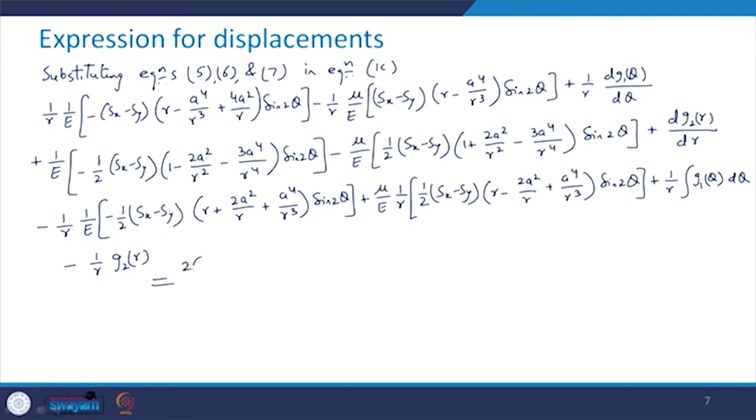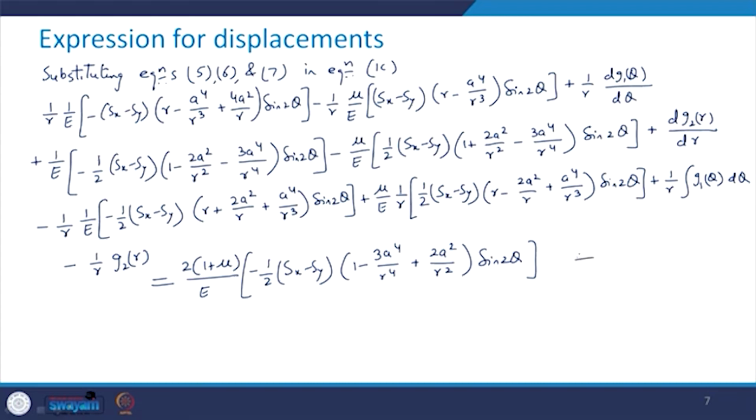So, what was that? That was 2 into 1 plus mu upon e into minus half Sx minus Sy, 1 minus 3a to the power 4 upon r to the power 4 plus 2a square upon r square, into sine of 2 theta.